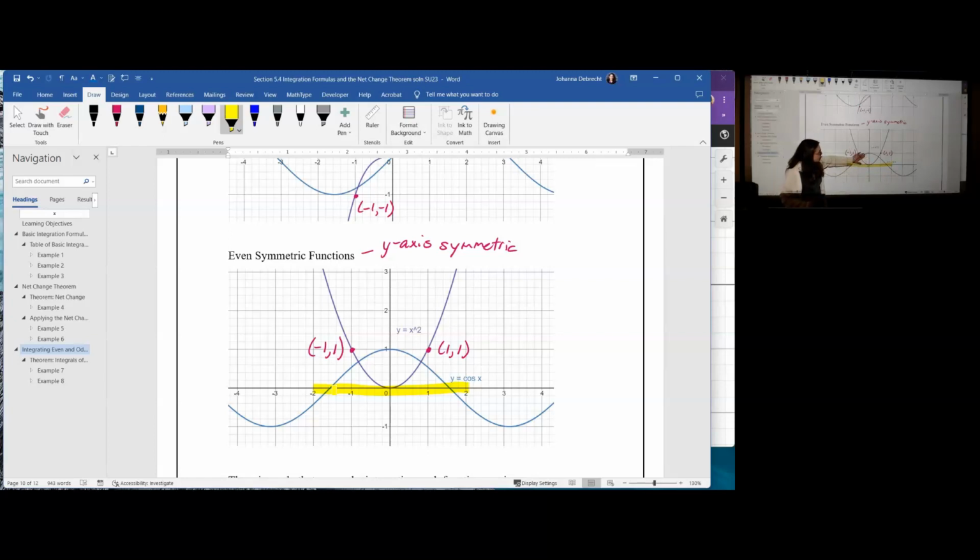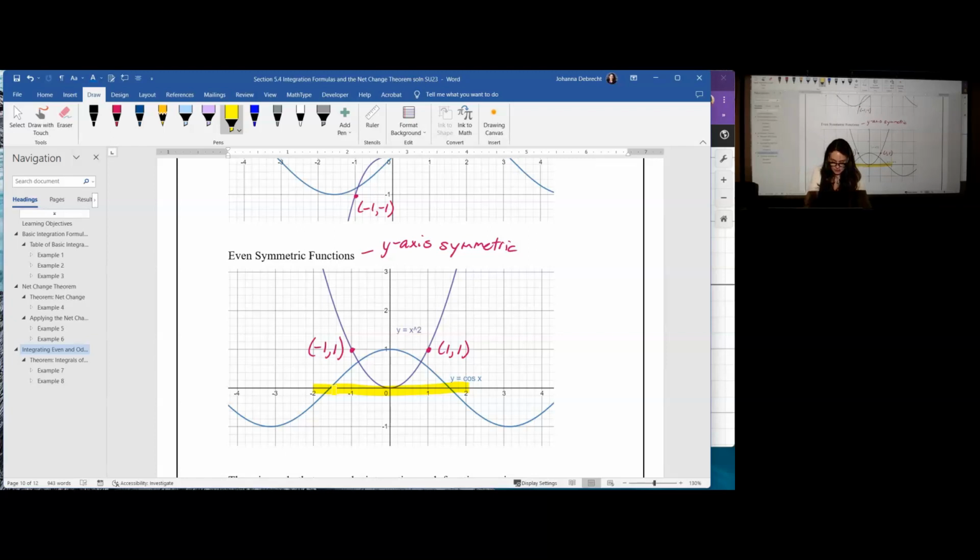I have this area here, which corresponds to the exact same area here, since it doubles it. And I have a little negative section here, which is repeated over here. It doubles it. For an even symmetric function, integrating across a symmetric interval that contains the origin gives us twice the area.